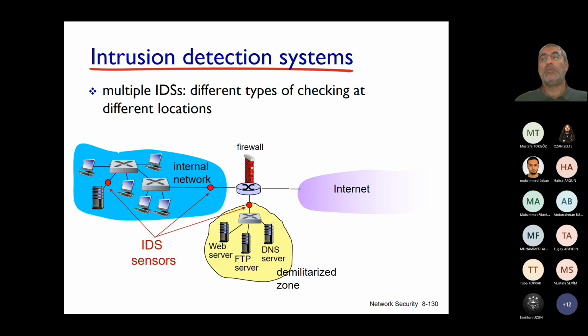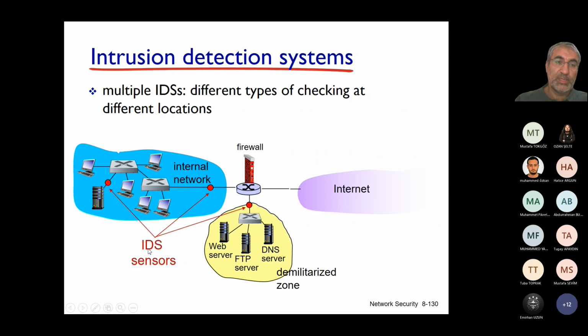So how do we deploy this IDS system? You can deploy it at multiple places. You can apply different types of checking at different locations.